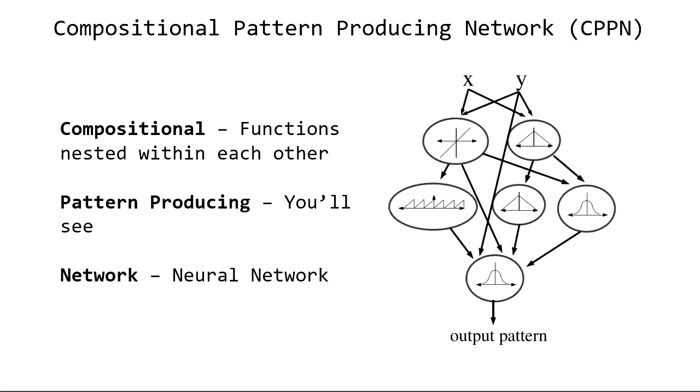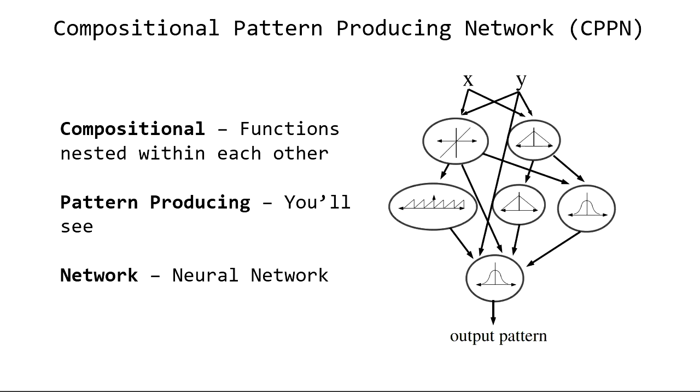So I wanted to quickly talk about another thing that you could do when you have these discrete things: you can have these very important neural networks called compositional pattern producing networks, which are basically just neural networks where, first off, they're not necessarily in layers. They just have an arbitrary topology. And each of those nodes has a different activation function. The activation functions are not like the ones you've seen in this class, but could be things like the normal distribution, an absolute value curve, just the identity function, or some repeating modulus function that goes up and down.